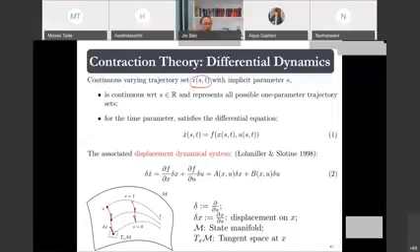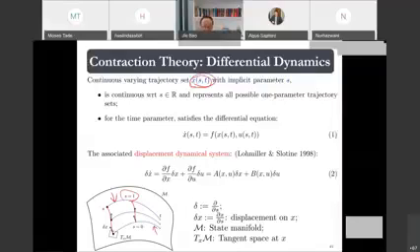For example, if my current trajectory is this one, corresponding to s equals 0, and my desired trajectory is this one, corresponding to s equals 1, then we can parameterize all the possible trajectories in between using the parameter s. So the trajectory x is a function of s and t, where t is the time and s is that parameterization.